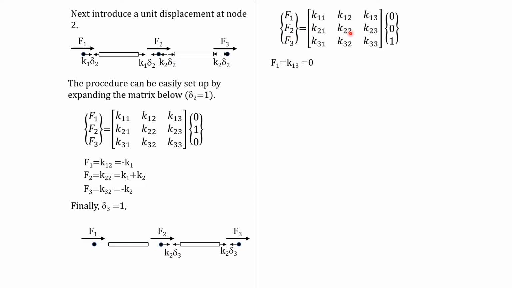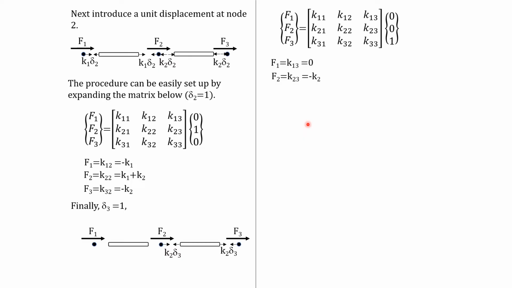Likewise, F2 is equal to K23, and K23 is equal to negative of K2. So F2 equals K23 if you expand this matrix, and if you look at this free body diagram, F2 plus K2 delta 3 equals 0, so F2 equals negative K2 delta 3, and delta 3 is equal to 1, so that's why F2 equals negative K2, and in particular it is equal to K23.